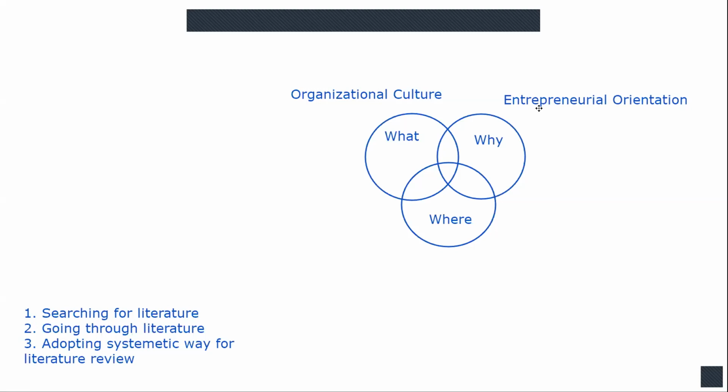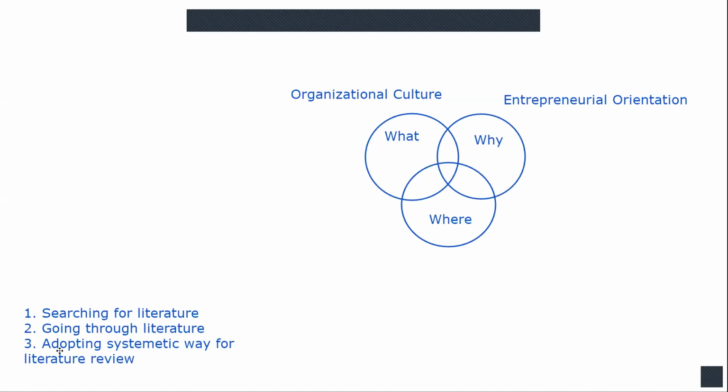So let's quickly go through the basic points of discussion in this video. The first one is the searching of the literature. The second one is going through the literature. This means what important points you should be looking out for in any research paper or article.